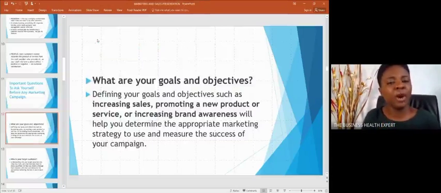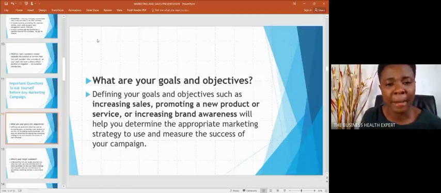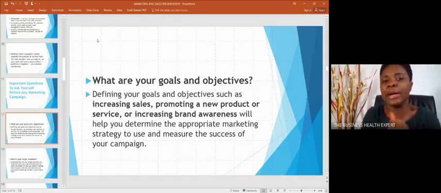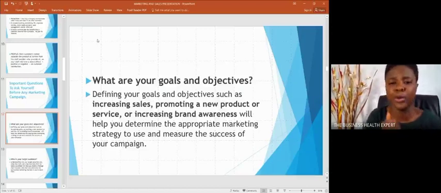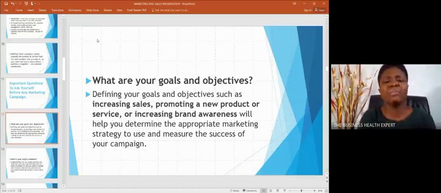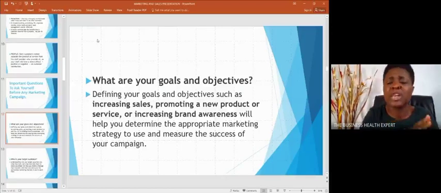Now, defining your goals and objectives before you start any marketing campaign is very important. For example, if you're just a startup and you are just launching out, saying you want to make sales may be a wrong goal for you. What you should start out with, advisably, is brand awareness. People need to get to know you first.